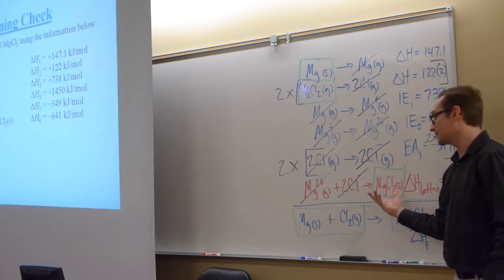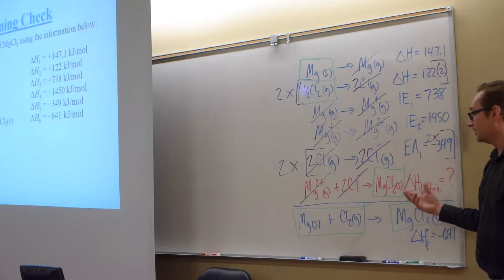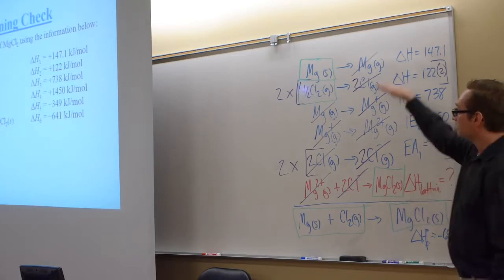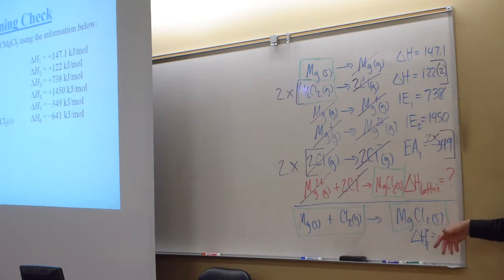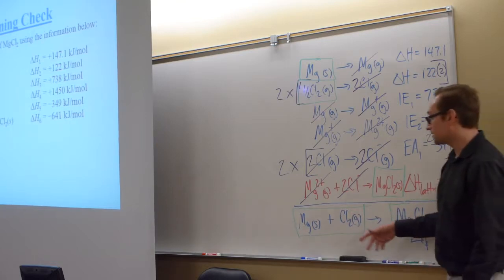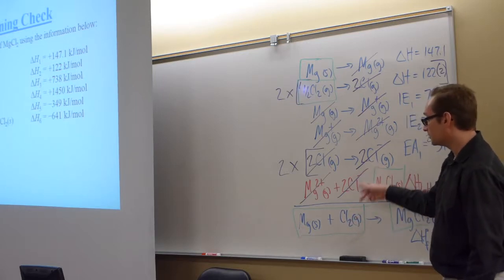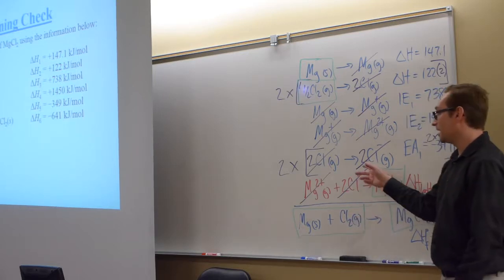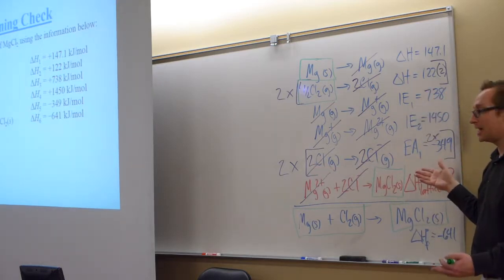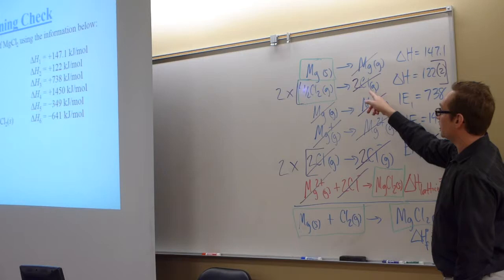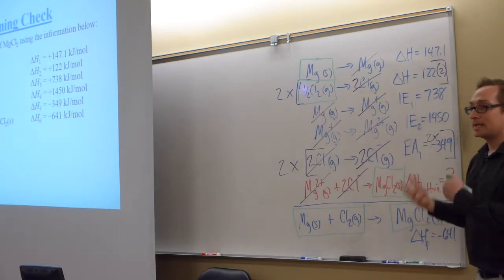That's the lattice process. And so we got that red reaction here. Then we asked how we add up all of these to make the formation reaction at the bottom come true. By seeing that I needed to cancel out the chloride ions, which are not in the formation reaction, I had to multiply this electron affinity reaction by 2, but that forced me to also multiply this other chlorine reaction up here by 2, so that everything cancels out.